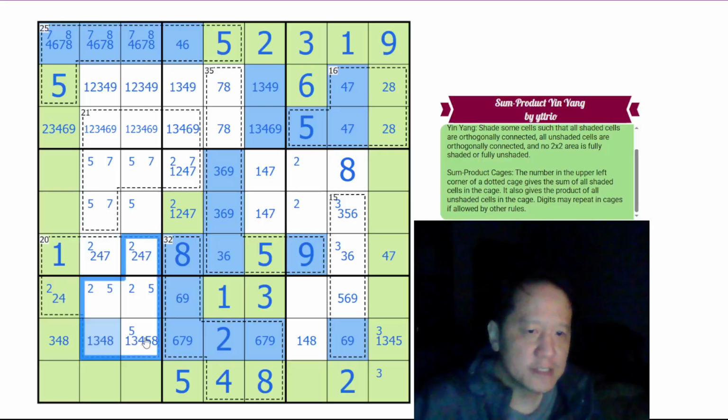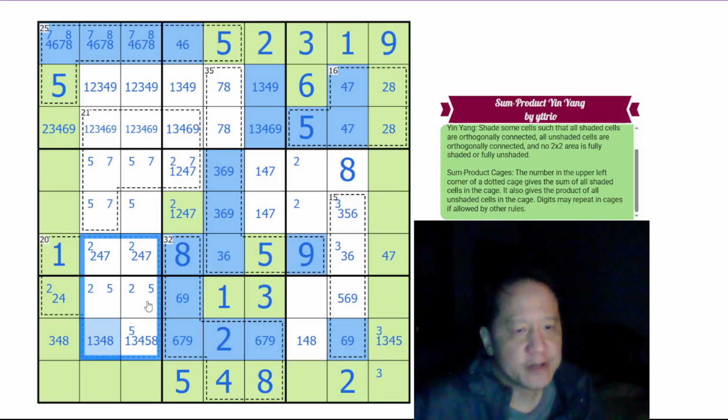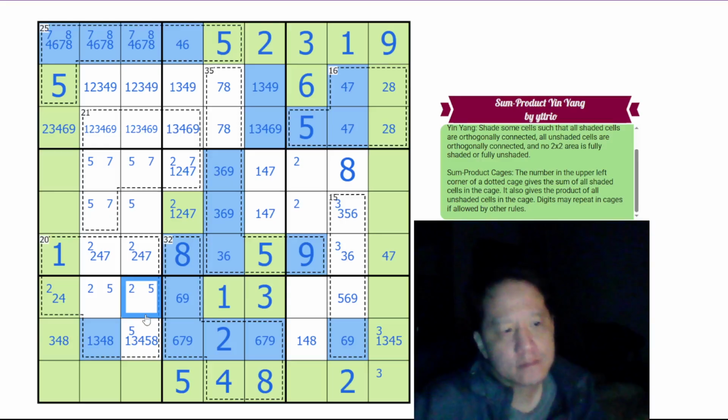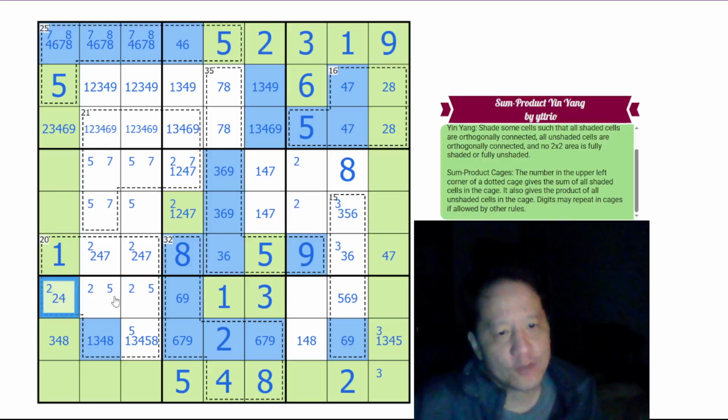So this is the sum of at least 4 digits, but it could be 5. Doesn't really help us much. If you had this as a 4, that means 2 would have to be here, 2 would have to be here.